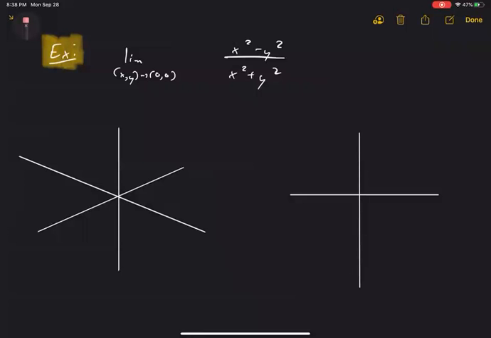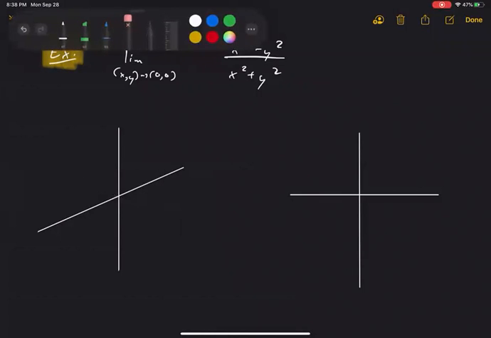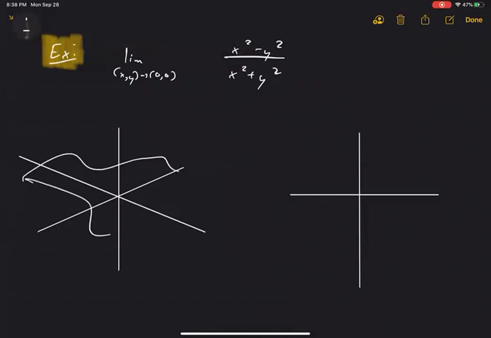So as I was saying, with the multivariable case, there's a lot more directions to consider. We could picture it in 3D space where we can draw the surface, and then we're considering as these points in the horizontal plane approach our point.